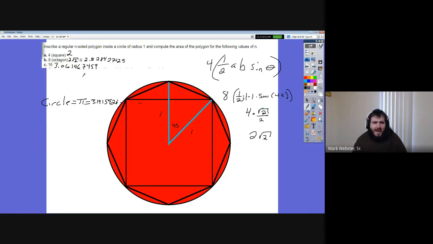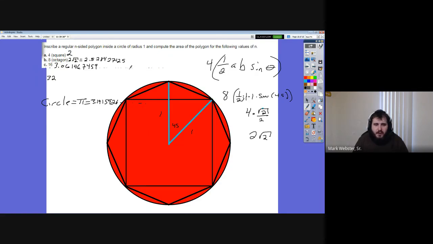So look at what's happening as the number of sides grows. What's happening to the area? I bet if we did more and more and more sides, we'd get closer and closer and closer. Let's do a couple more. If we had 32 sides, again, this is just going to double the number of triangles again and cut the angle in half, right?